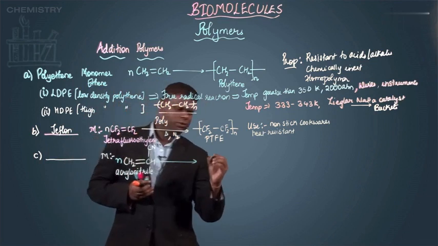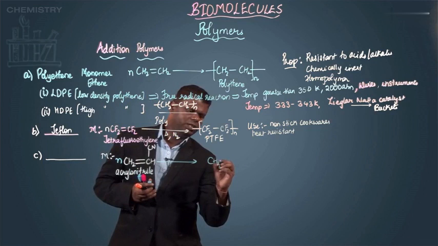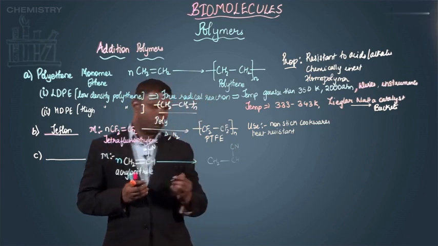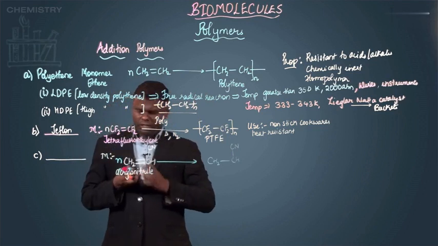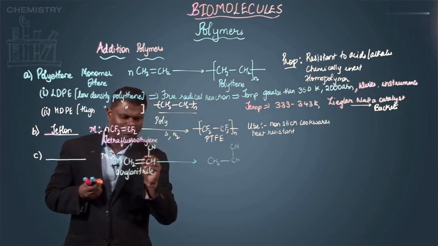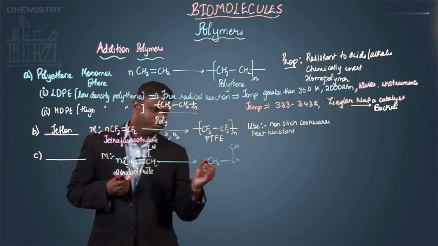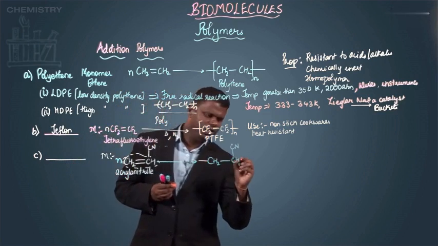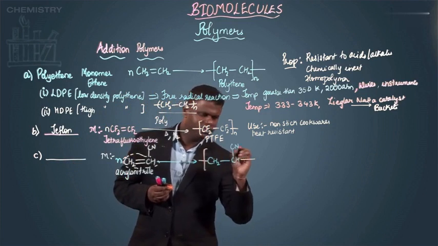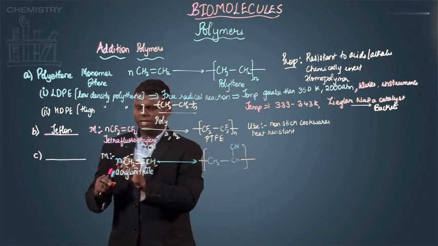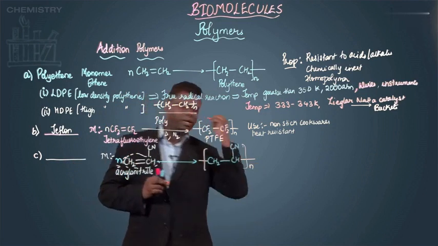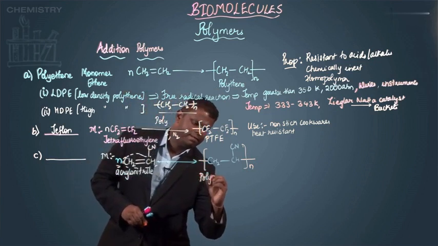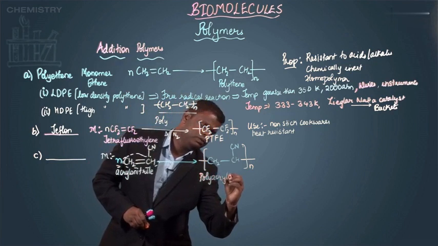Then you write the molecule without the double bond. This is the place where you have the double bond, right? Now this undergoes homolytic fission. So it forms one bond from this side, one bond from this side. Then this is a repeating unit. How many times it gets repeated is n times. So this is polyacrylonitrile.